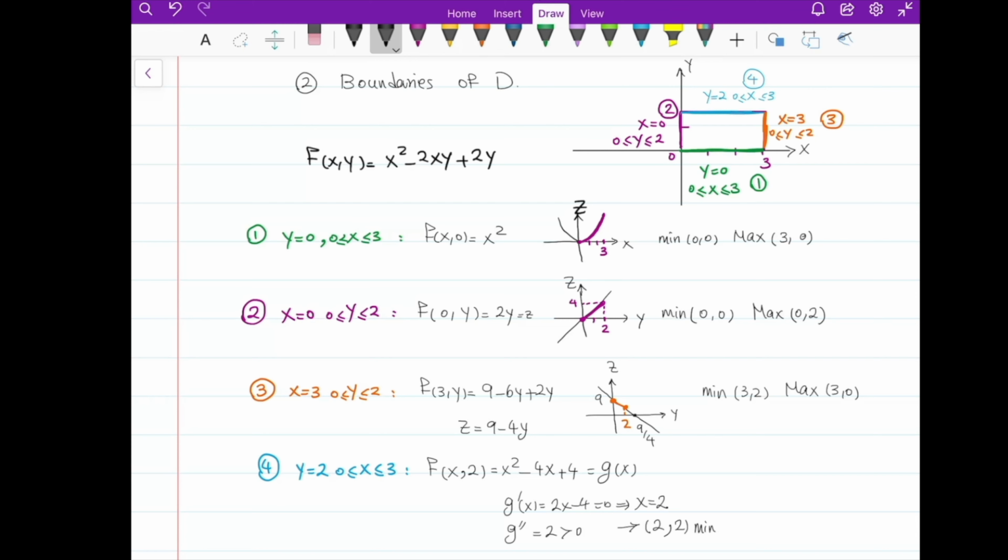Okay, how about the other points? So let's see, how about g of the point 0 and g of the point 3? g of the point 0 is 4, g of the point 3 is 9 minus 12 plus 4, which is 1, and g of the point 2, the local minimum, is, plug in 2 in here, I get 4 minus 8 plus 4, it's equal to 0.